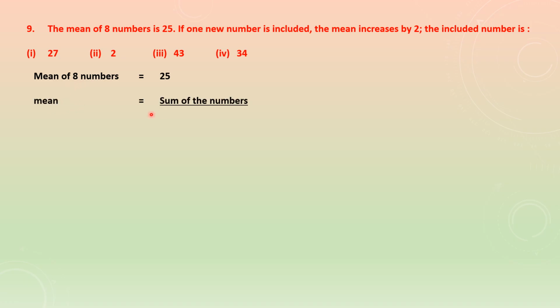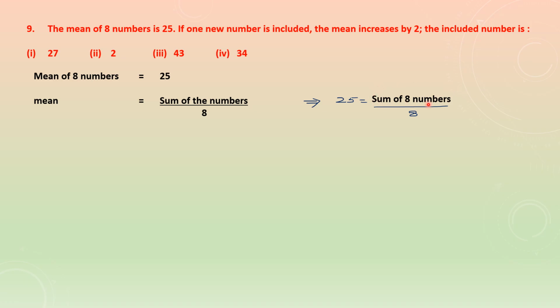Mean is equal to the sum of the numbers divided by 8. Now mean we already know is 25. This is equal to the sum of 8 numbers divided by 8.